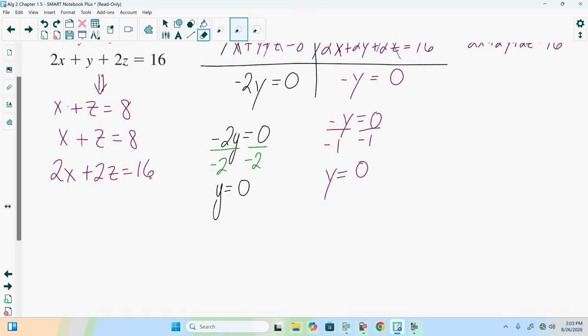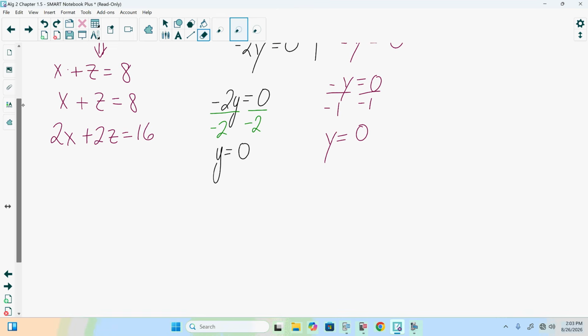So really what we're saying is comparing x and z, because they're parallel, x plus z equals 8. So I can say x is equal to negative z plus 8, because I subtract z from both sides. It's a line, it's parallel, they're all congruent.